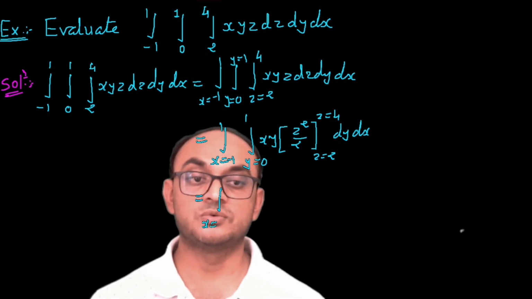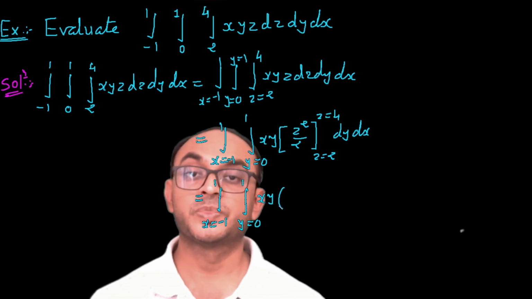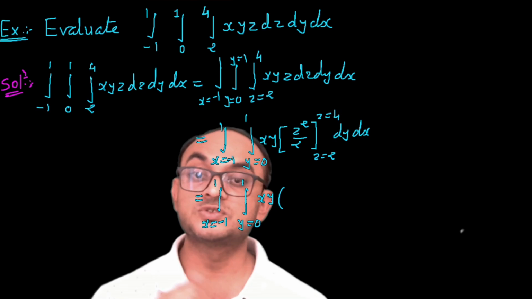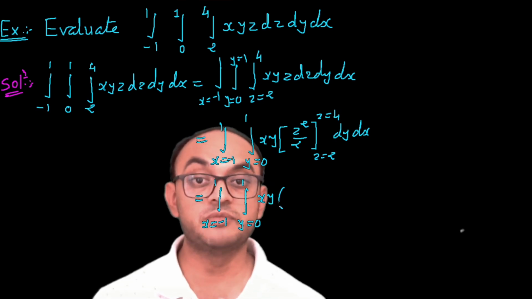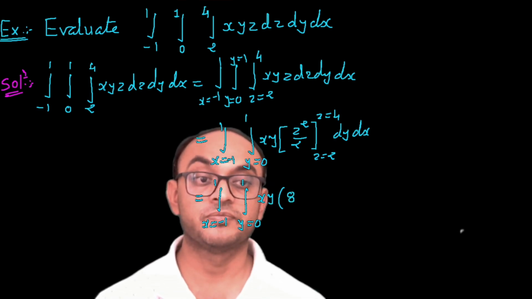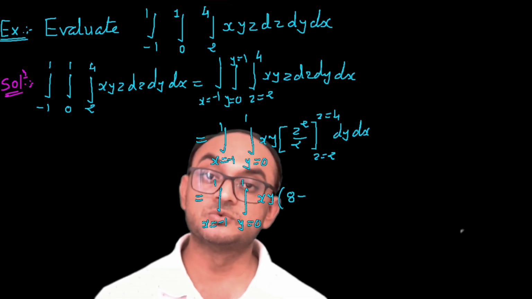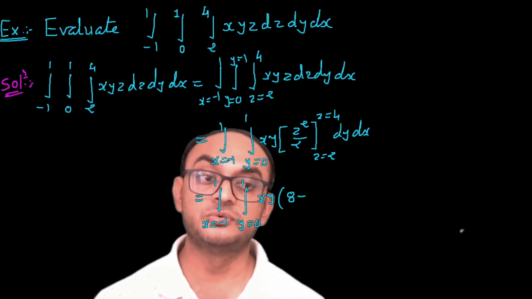Integration x is equal to -1 to 1, integration y is equal to 0 to 1, x into y. When I substitute z is equal to 4, 4 square is 16, divided by 2 is 8, minus, when z is equal to 2, 2 square is 4, 4 divided by 2 is 2.